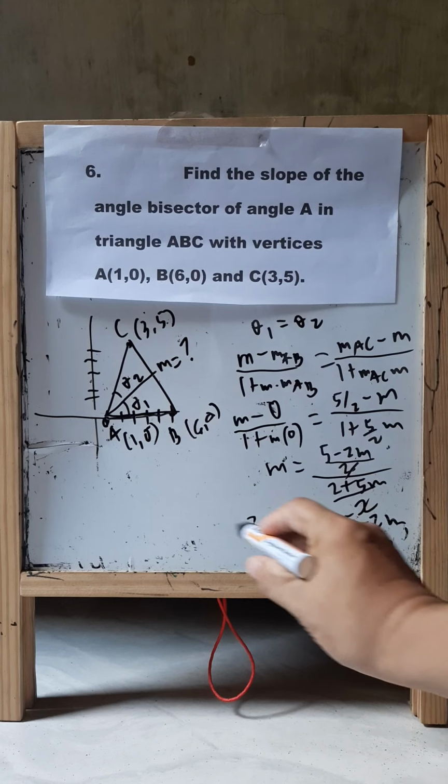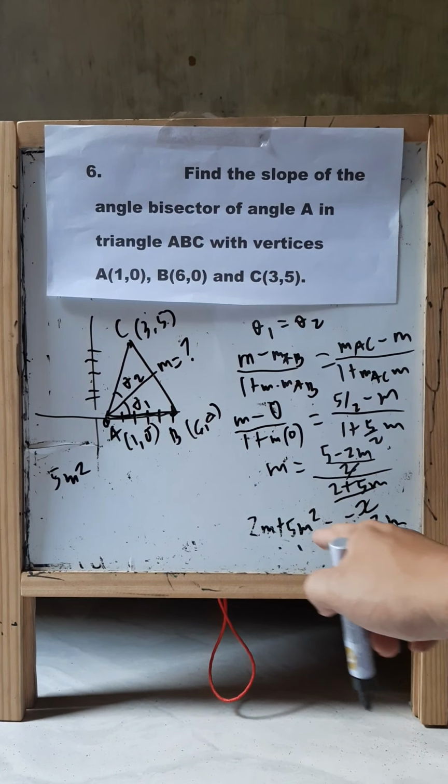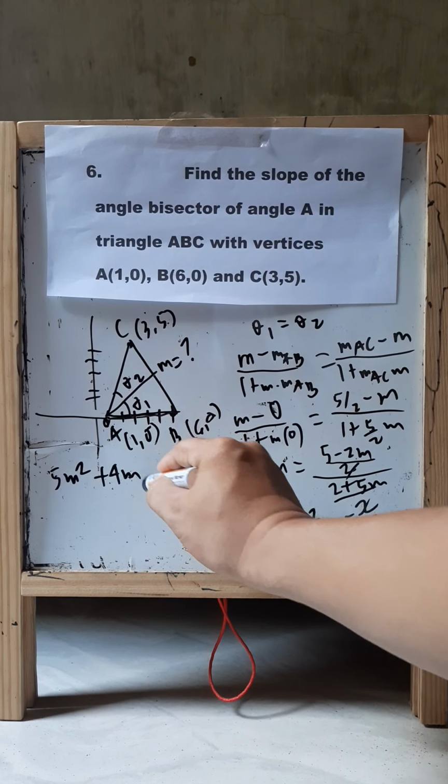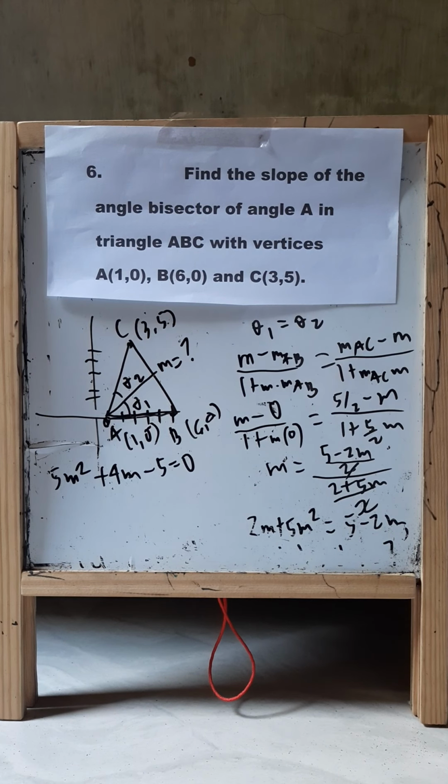So from here, we have 5m squared. 2m plus 2m is 4m. Then minus 5 equals 0. So that is a quadratic equation again.